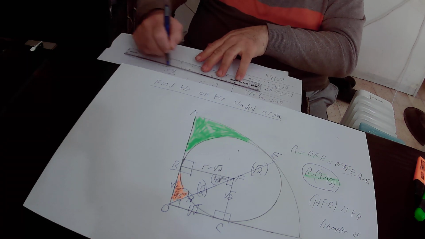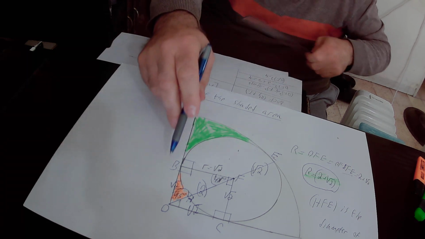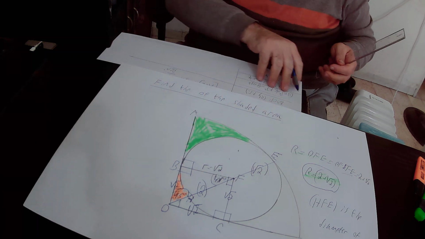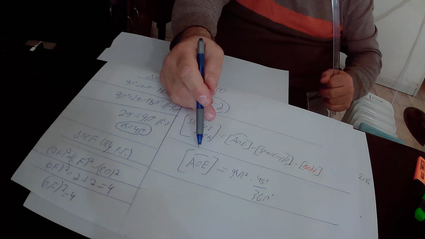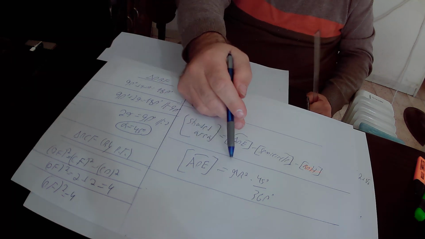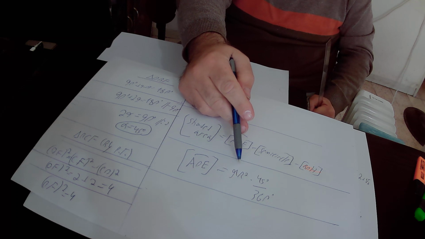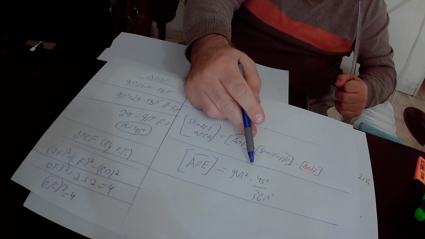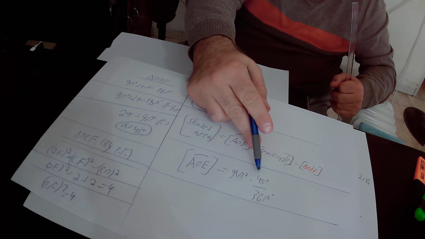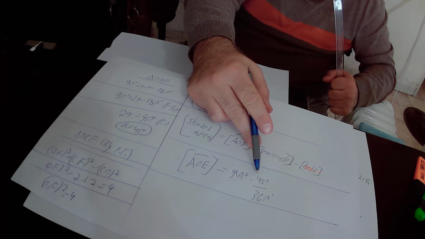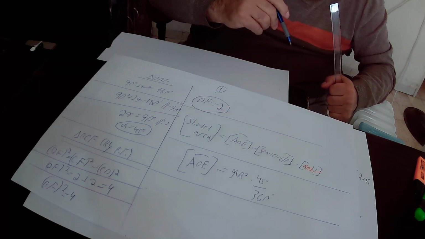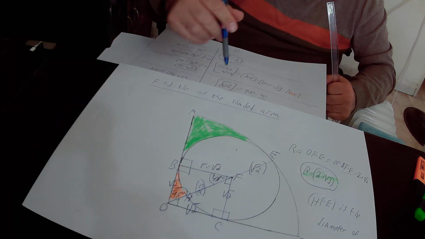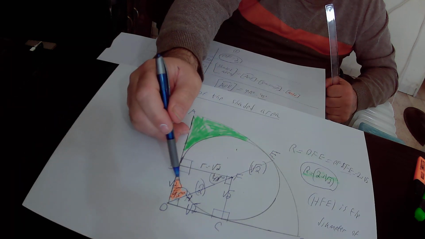So in conclusion, the area of the big sector AOE equals pi times capital R squared times 45 degrees over 360 degrees.